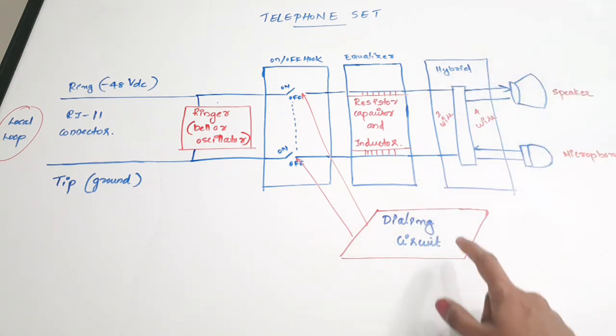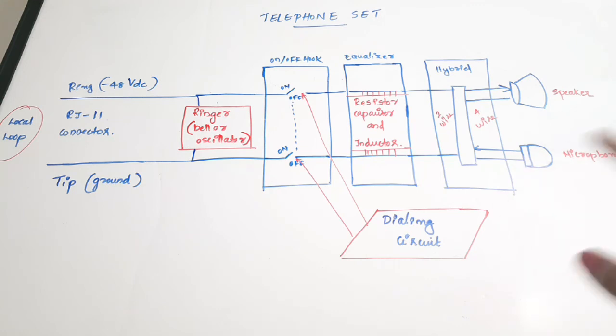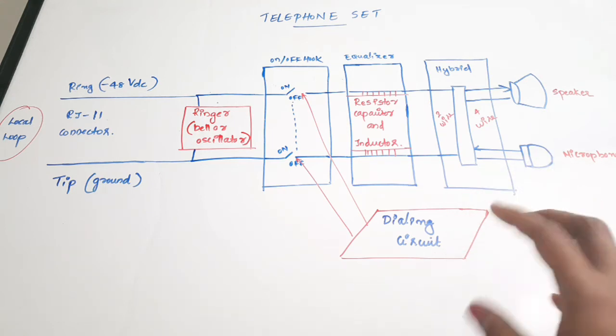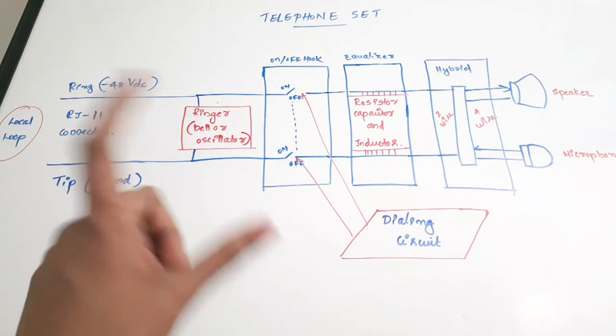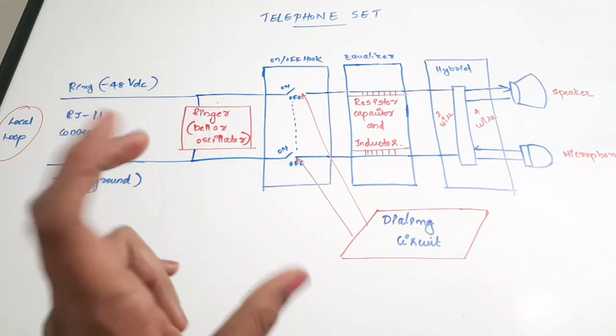Next, the last block is the dialing circuit. We all have a dial pad. It can be a touch pad or keys, or sometimes ringer dialing circuits will be there for all telephone sets, right? This dialing circuit helps us to dial the numbers to a specific location, so that you are able to connect to a specific user by using their telephone number.